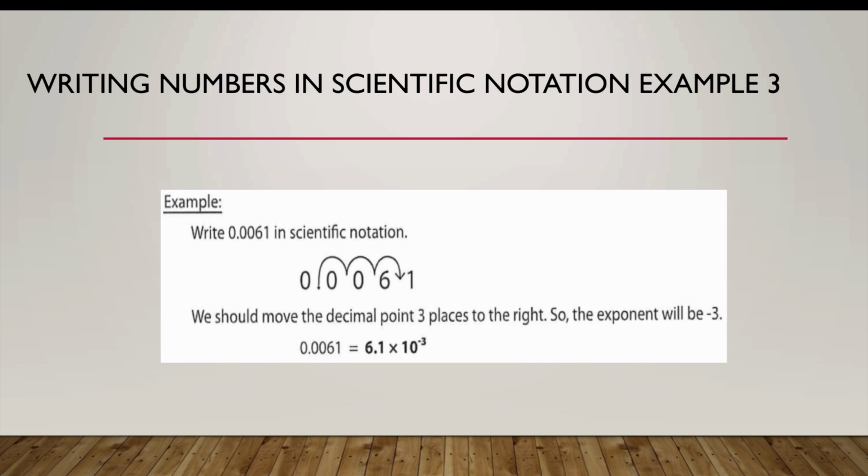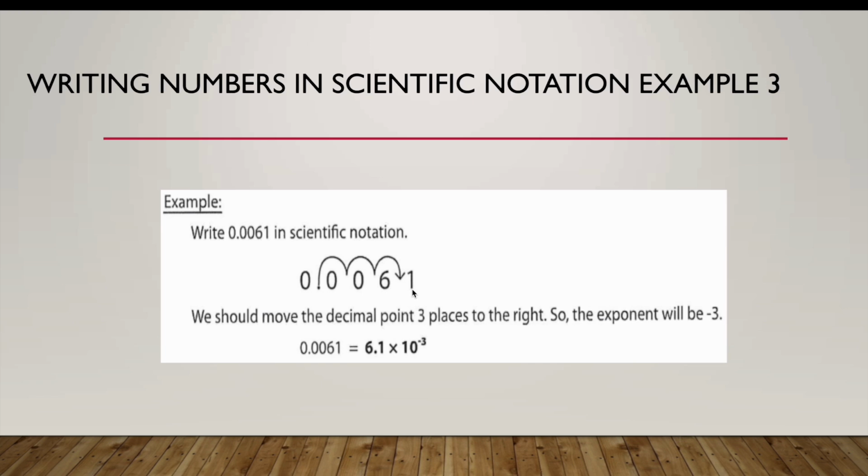The inverse can also be true. You may sometimes need to write scientific notation with negative exponents. All the negative exponent means is that instead of moving the decimal point to the left, you are moving it to the right. So for example, if I want to write 0.0061 in scientific notation, again, I'm taking that decimal point and moving it 1, 2, 3 places until I have at least one number in front of my decimal point.